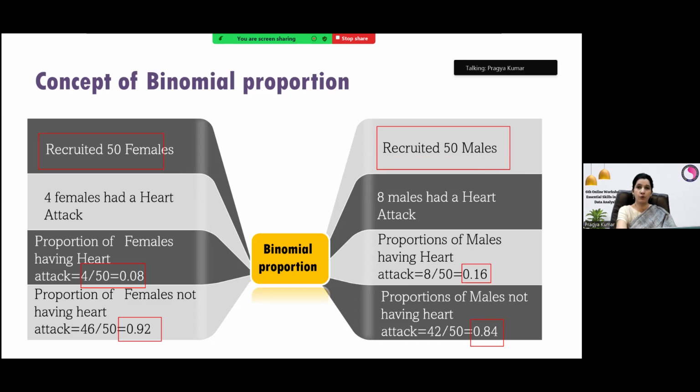We will also make sure there is independence of observation. I cannot recruit 50 couples and put 50 females in one group and the 50 males in the other group. Then the independence of observation assumption will not be met. And the two proportion is the binomial proportion.